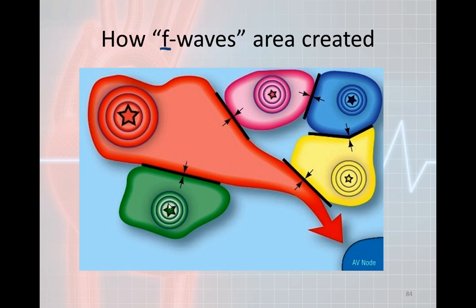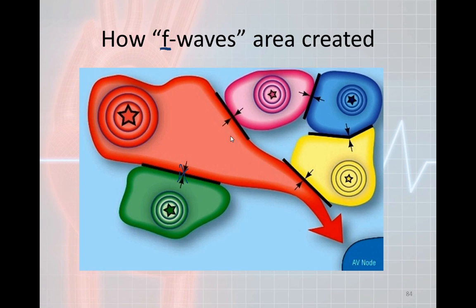Now what occurs in this is that as these depolarizations occur, they occur very close in time to each other. They occur very rapidly. And as you can see here, as this red star depolarized, let's say that this green one here depolarized milliseconds after it did, as the wave of depolarization of the green star meets the wave of depolarization of the red star, what happened when they meet?